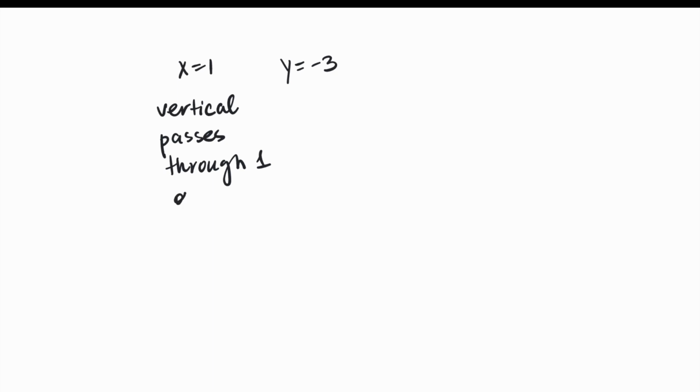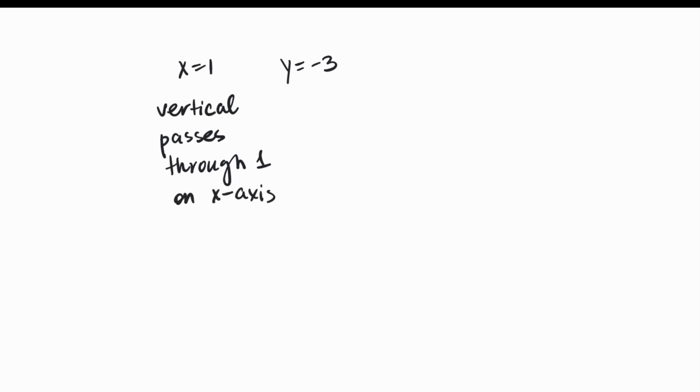There are a couple of special cases of lines, and those will only have one letter inside of them, either the x or the y. So if you see an equation x equals 1 or y equals negative 3, for example, all these are either vertical or horizontal. When it's only the x, the line is vertical, and it passes through 1 on the x-axis.